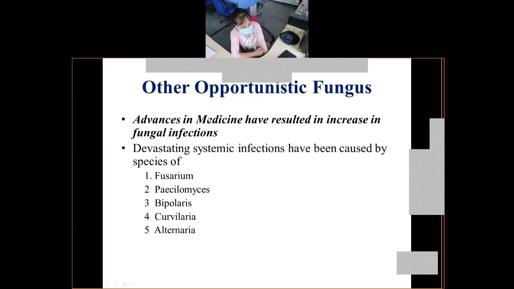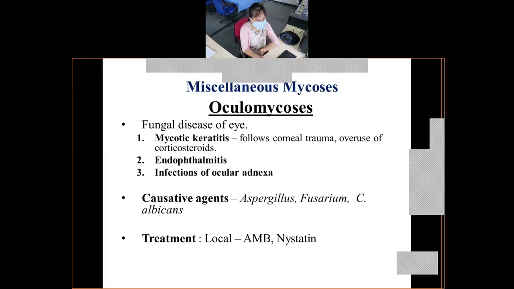Some of these fungi are Fusarium, Paecilomyces, Bipolaris, Curvularia, Alternaria. They can cause infections in immunocompetent individuals also, but the infection in those cases will not be as devastating. But if it occurs in immunocompromised individuals, then the infections will be very life-threatening.